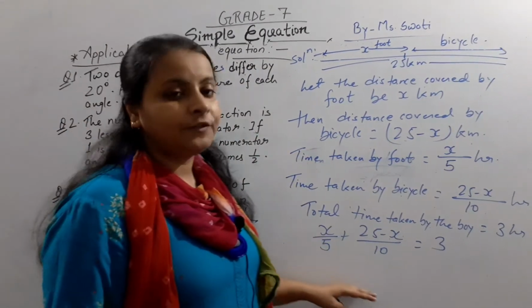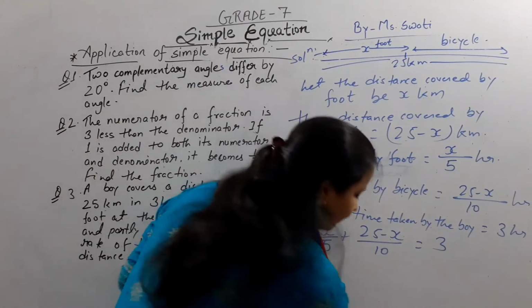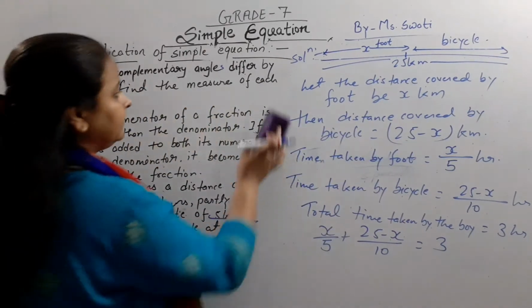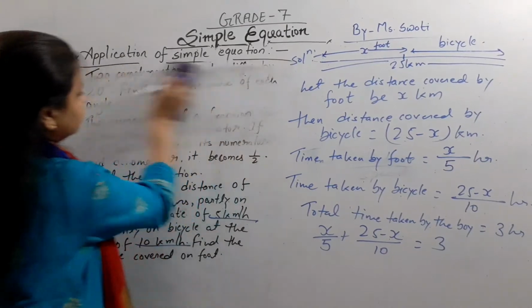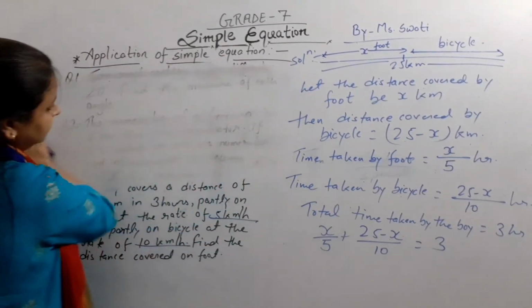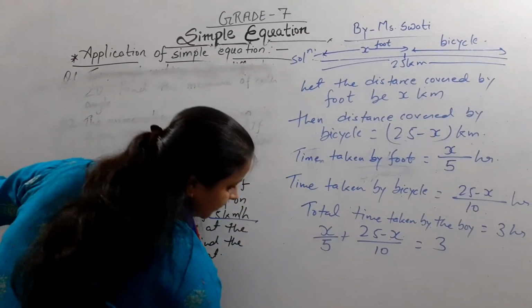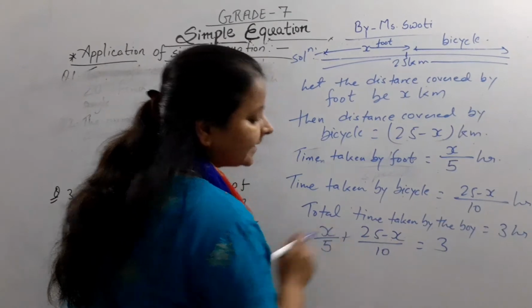Now what we have to do, we have to solve this equation. Okay? So how do we solve this equation? It is x by 5 plus 25 minus x by 10.